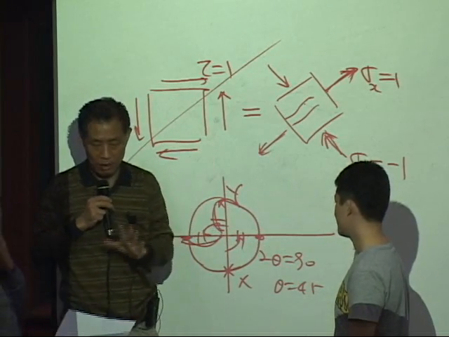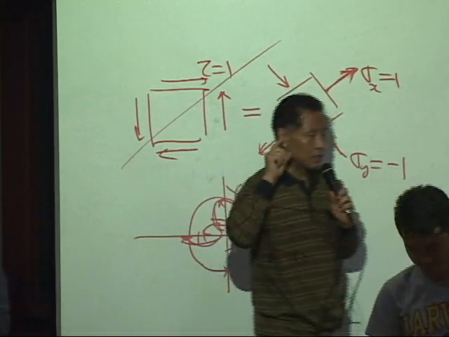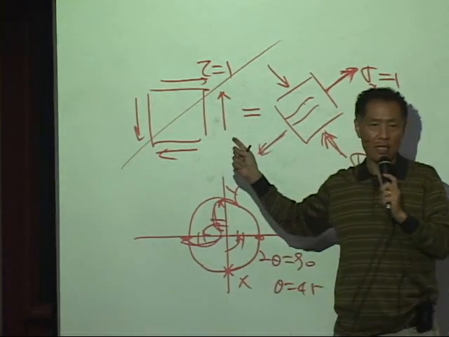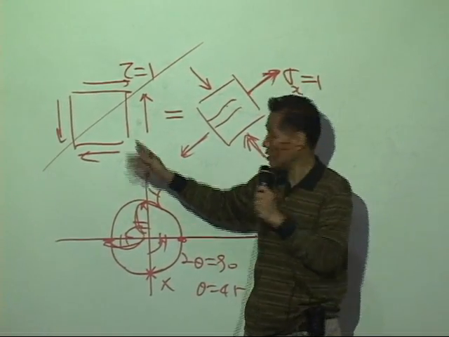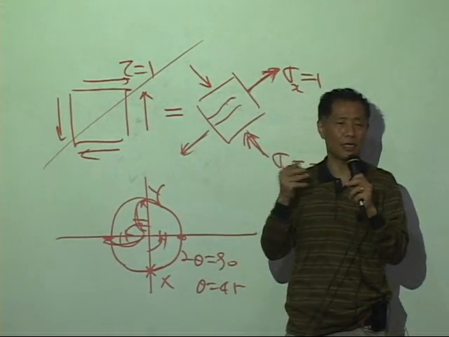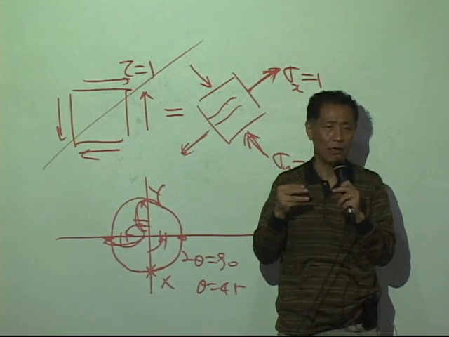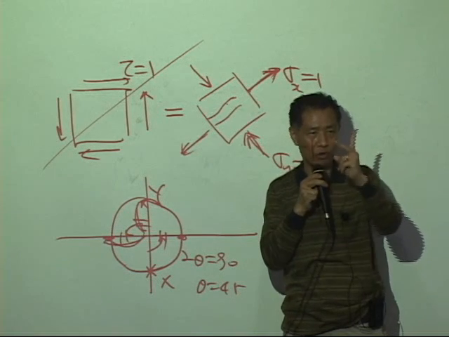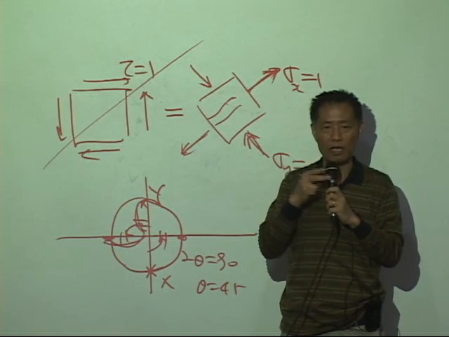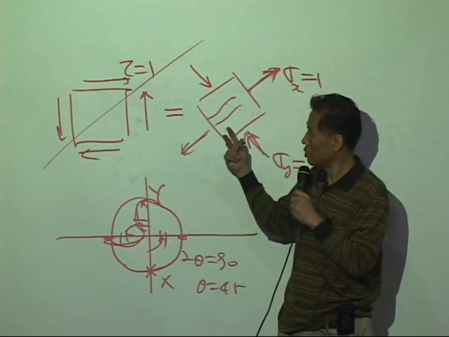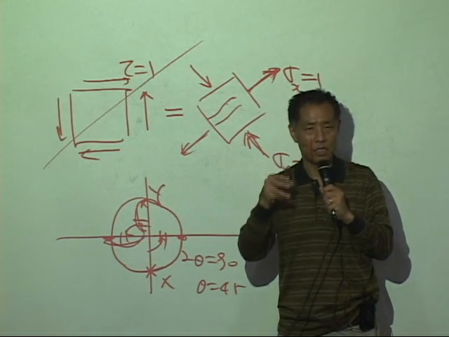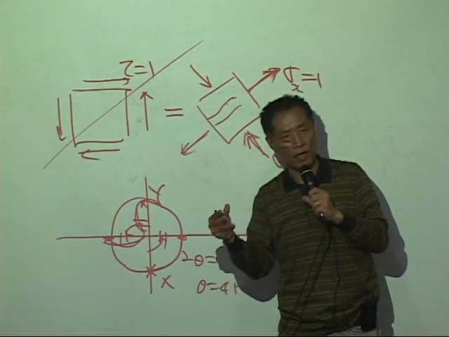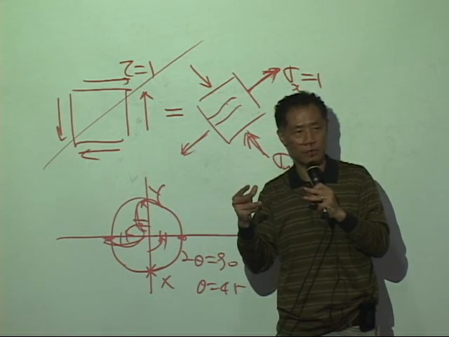Okay? Thank you. So see, this kind of understanding is stress transformation. Again, this one and that one are exactly the same stress state. The only difference is how you look at it. That's why you can predict how this material will fail in certain directions.